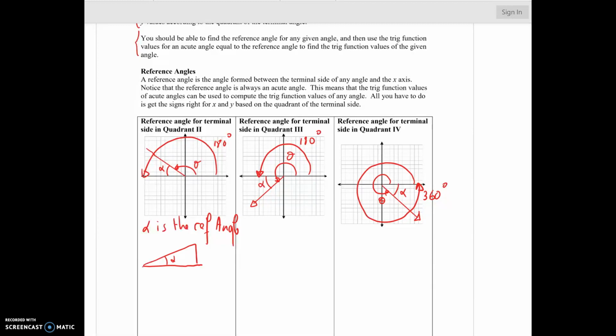We're having alpha, and alpha refers to an acute angle.